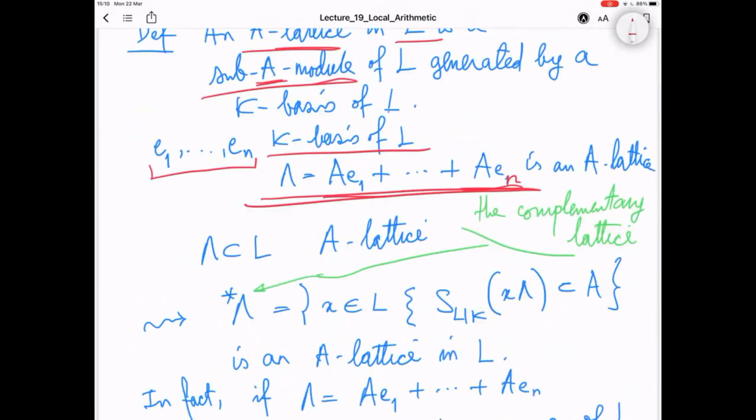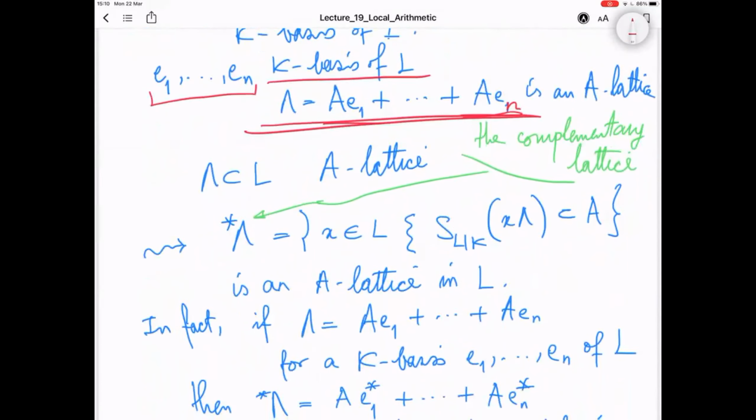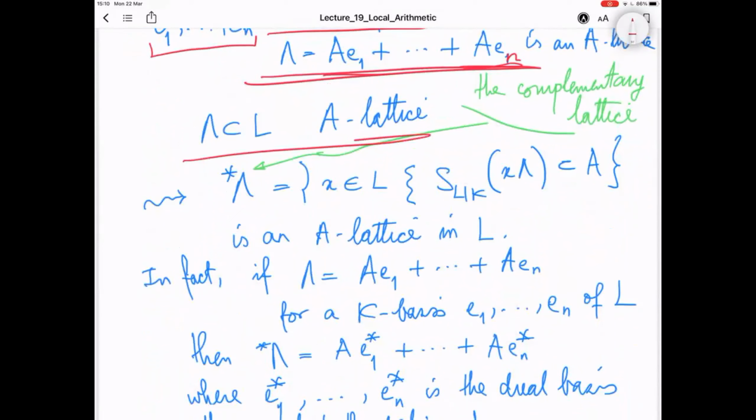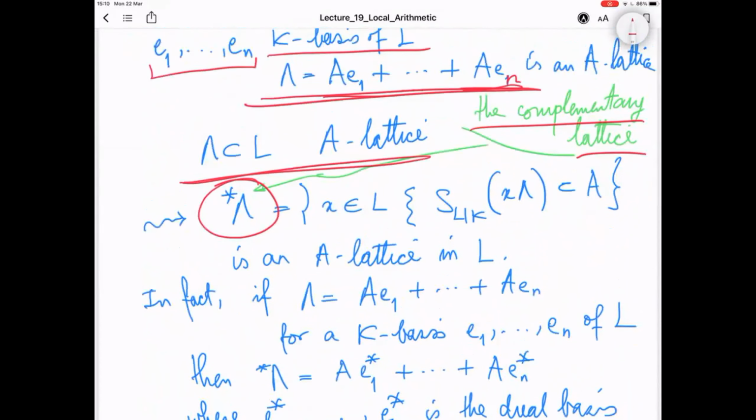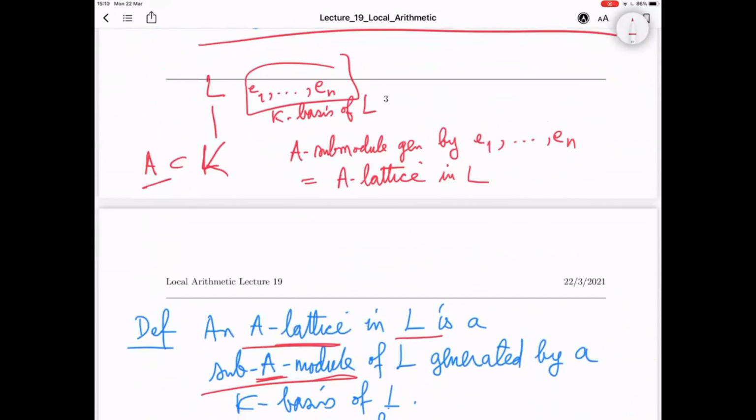Lambda is an A lattice if it is of the form AE1 plus AE2 all the way up to AEN, where E1 to EN is a K basis of L. Now, if I have a lattice lambda, then there's something called the complementary lattice. Before I introduce it, let me say that till now we were thinking of the trace S L over K as a K linear map.